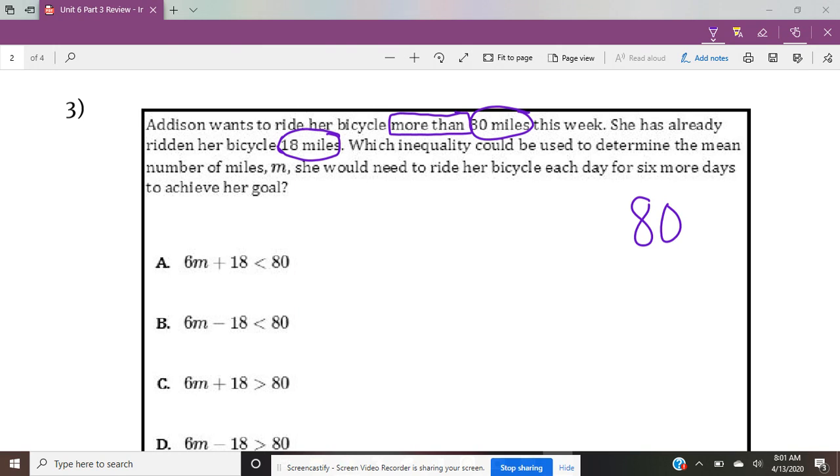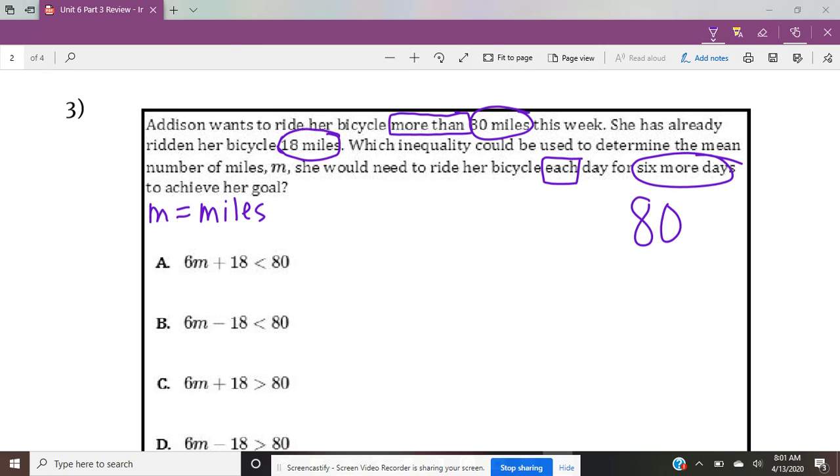Which inequality can be used to determine the mean number of miles? So M equals miles. She would need to ride each day for 6 more days to achieve her goal.